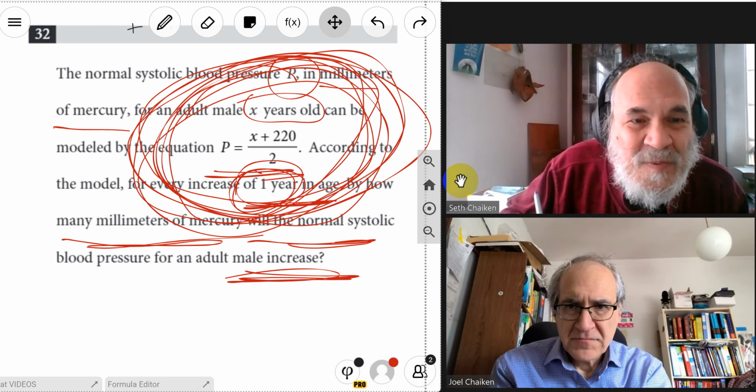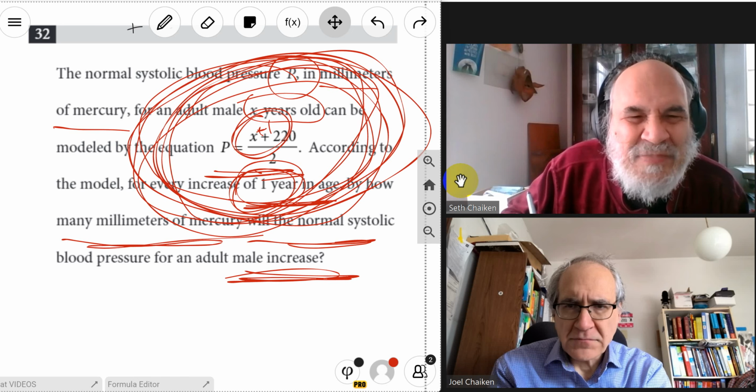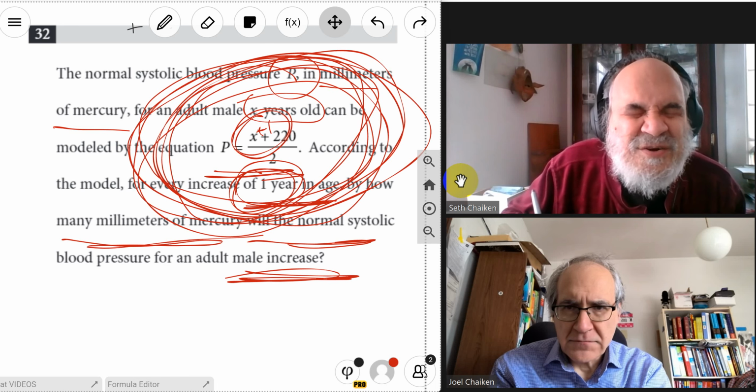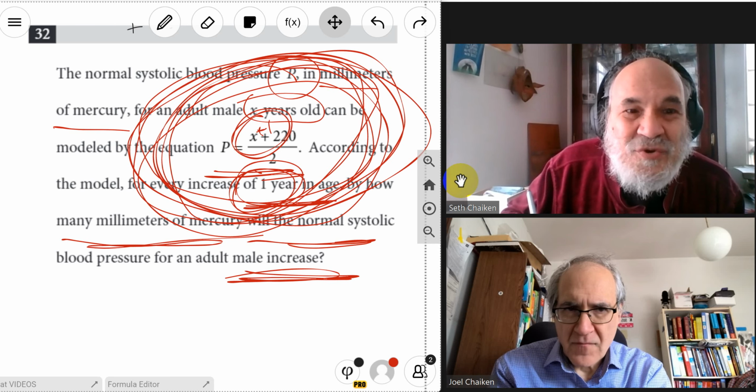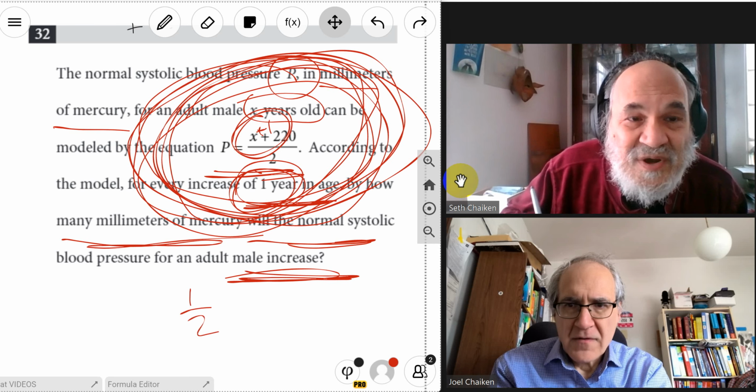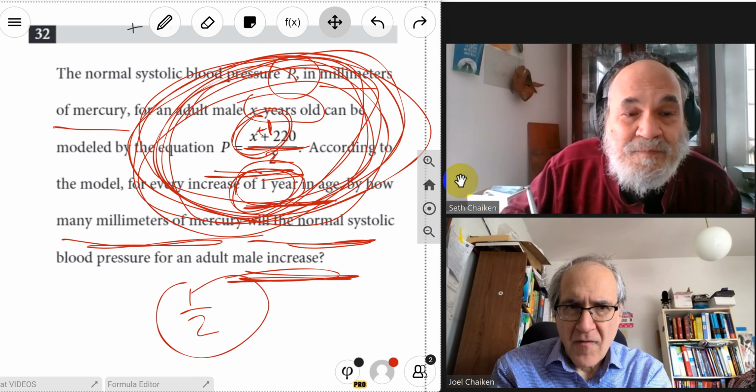There's an extra 1 in the numerator. How much did P increase? It increased by that 1 divided by 2. The answer is 1/2. 1 divided by 2 is 1/2.